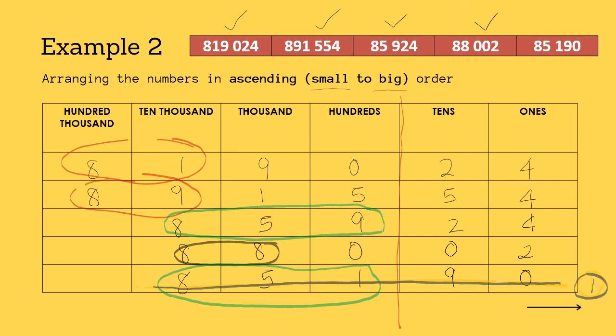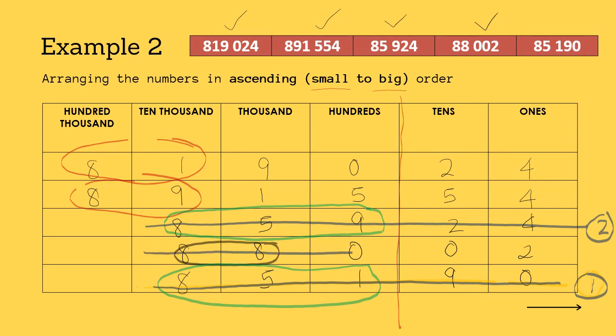So what is the second smaller number? Again, comparing these two, this is 85,000 and this is 88,000. 85 is smaller than 88, so automatically the next smaller number is this one. Then followed by the third one. Now, next we're going to compare between these two numbers.